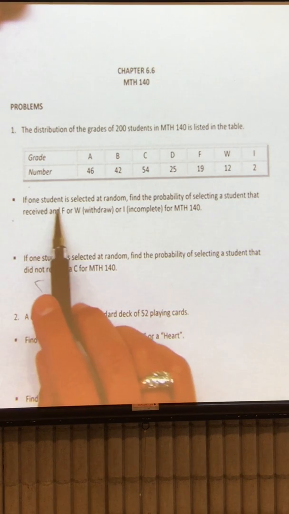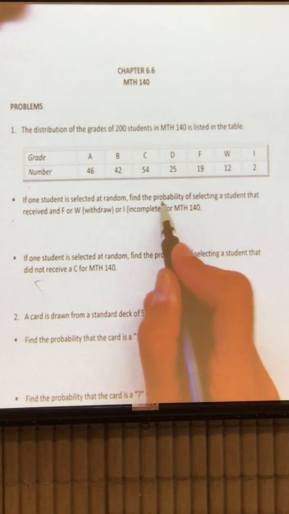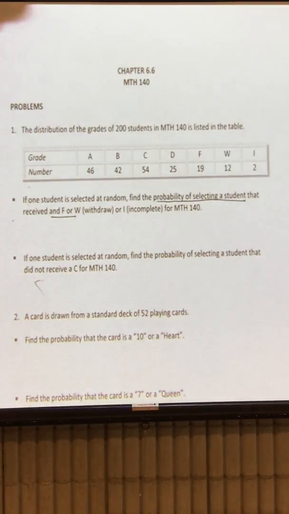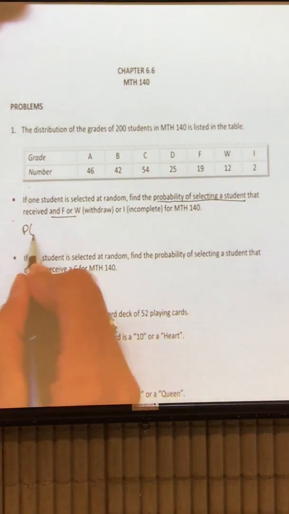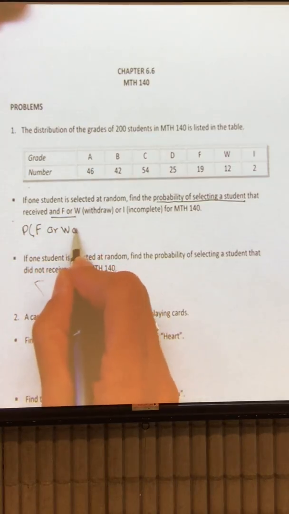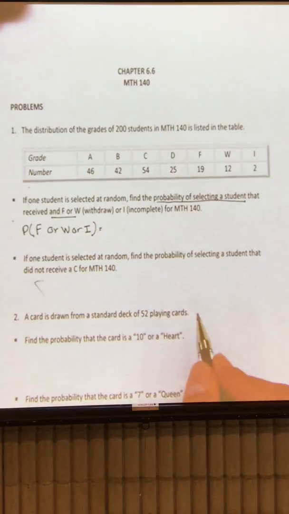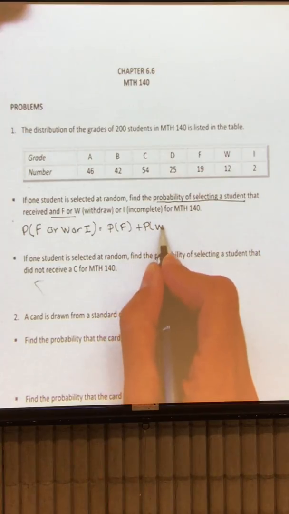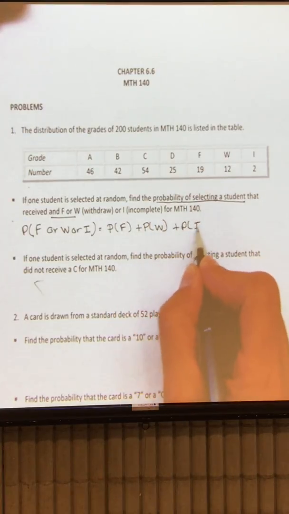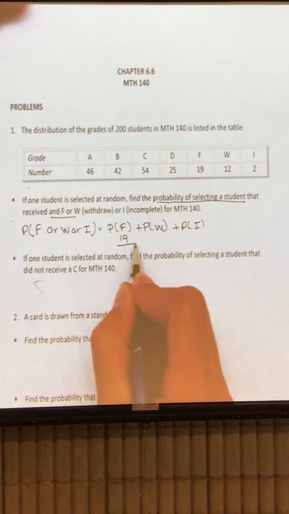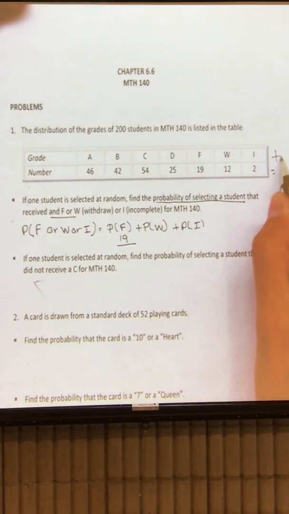Problem number 1. If one student is selected at random, find the probability of selecting a student that received an F or a W or an I. So the probability is the probability of F plus the probability of W plus the probability of I. The probability of F is 19 over the total, and the total here was 200.